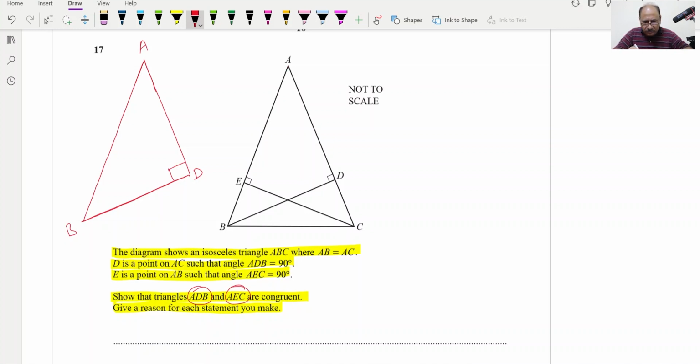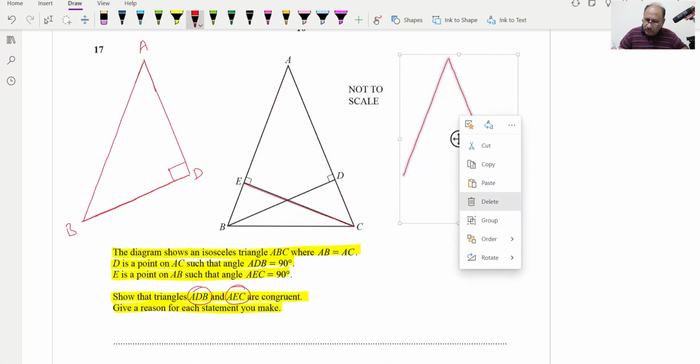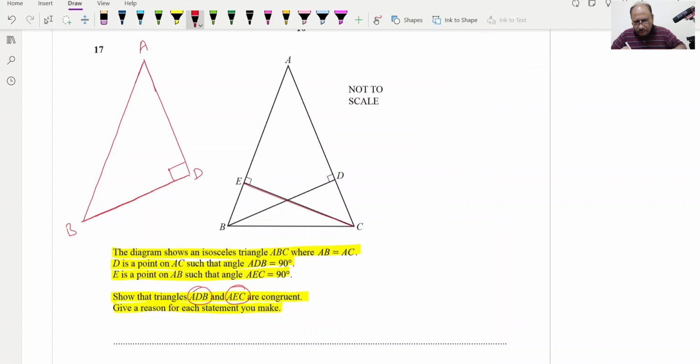AEC will be AE and AC, this one and this one also, and we will move this also. This one we will delete basically and redraw.